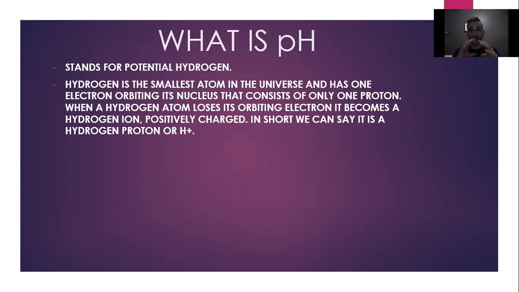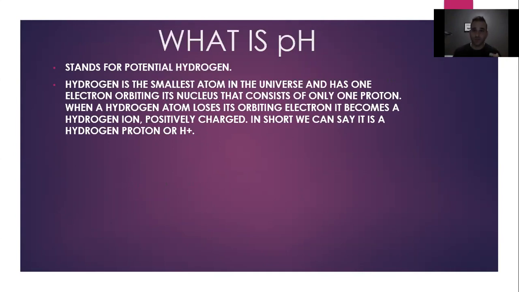So if the hydrogen atom that has the one proton in the nucleus and the one electron orbiting it loses that electron, it is now just the one proton, and it's positively charged because now we have one proton and 0 electrons, so we have a net 1 positive charge. So we call it H+.